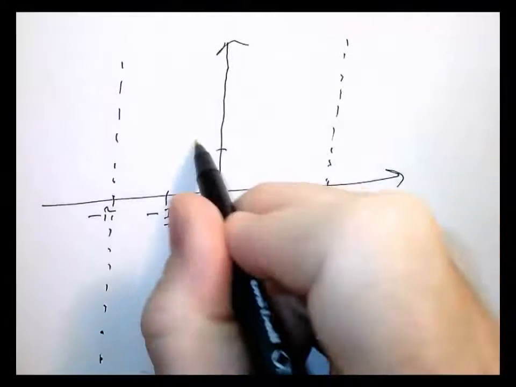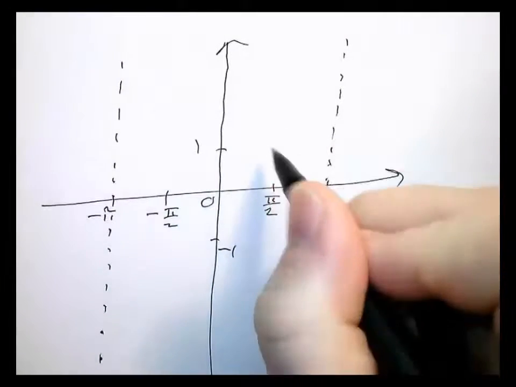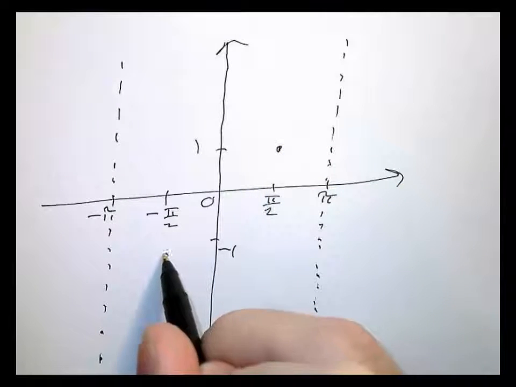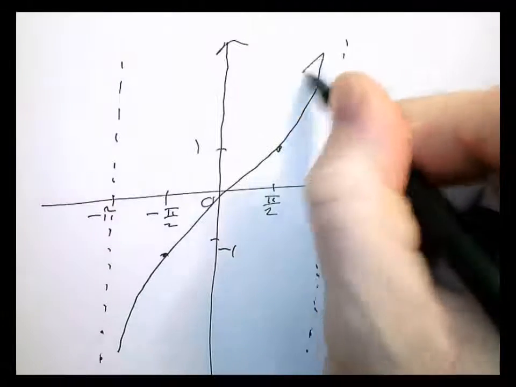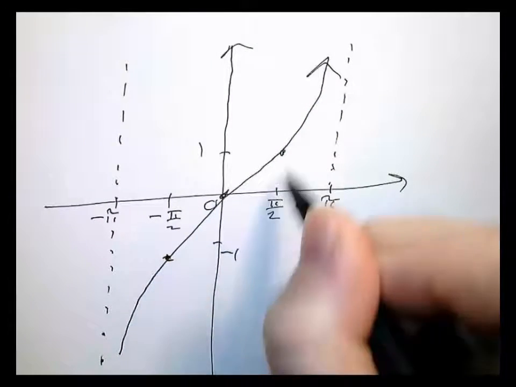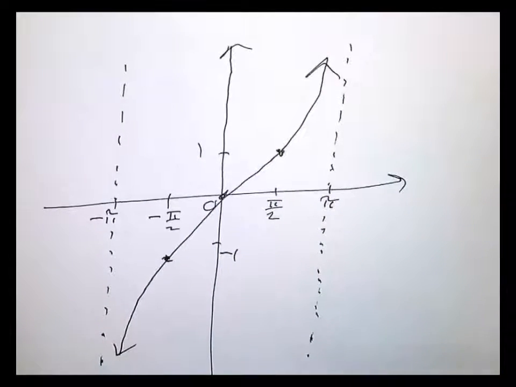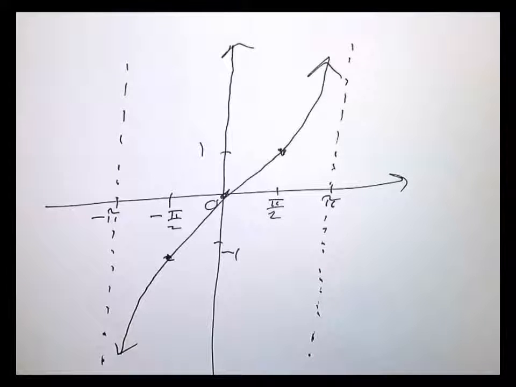So here would be 1, here would be negative 1. So I have something like this. I'm going through the origin here. I have these points. And so this is my graph of one period of that function.